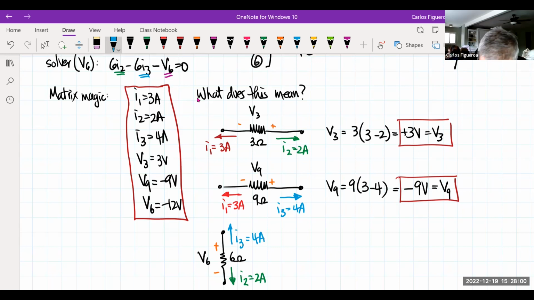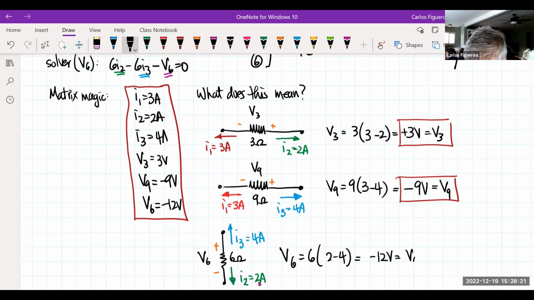So this is 4 amps. So the voltage across the 6 here is going to be 6 times the difference between these two, but because of the polarity, it should be 2 minus 4, which clearly tells me that this is minus 12 volts for V6. And that just tells me that the current direction is not correct, but opposite.